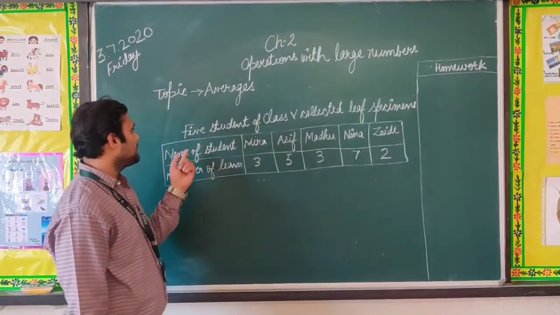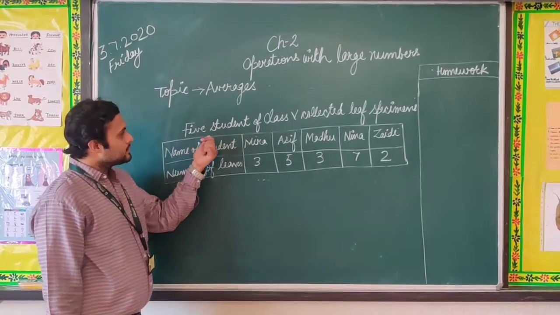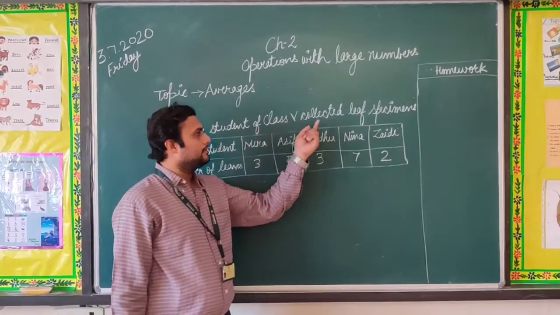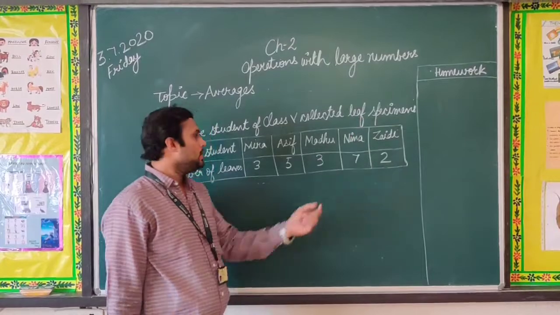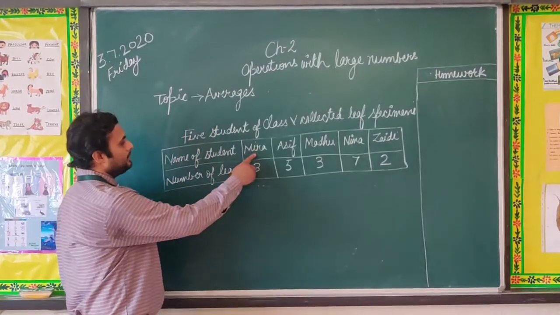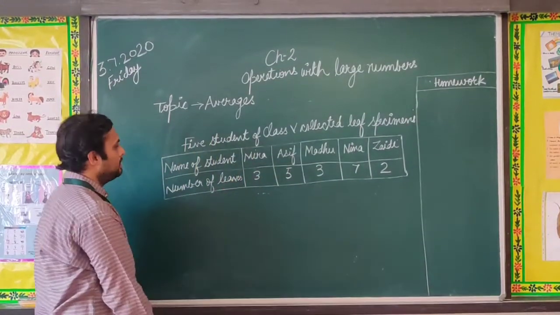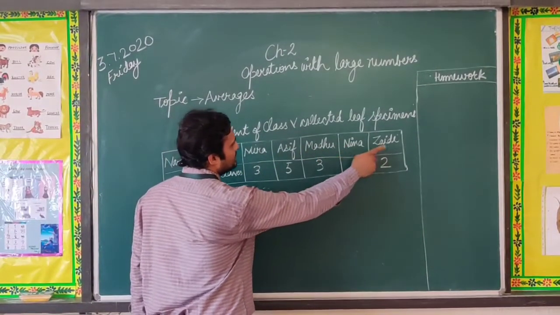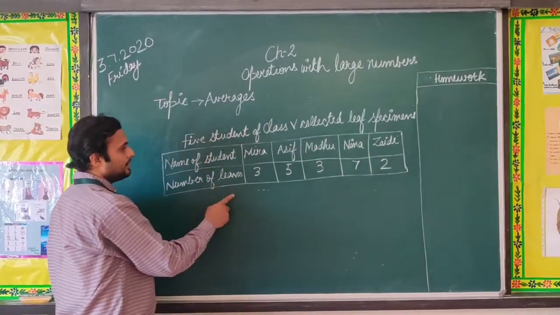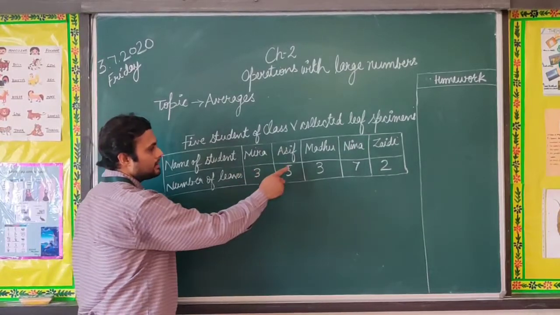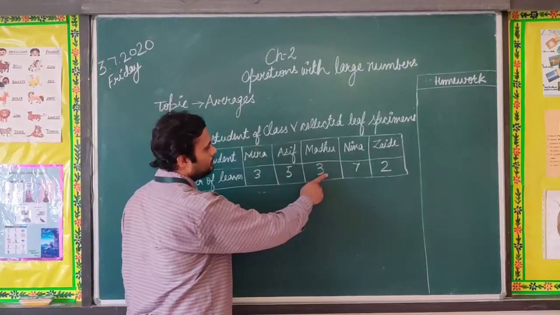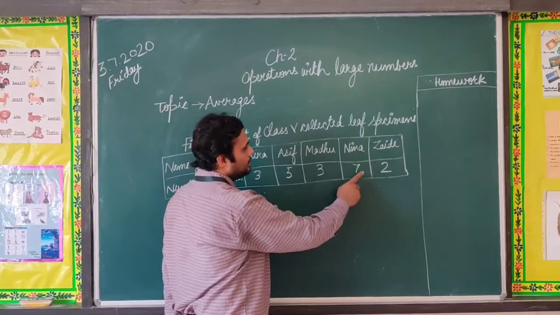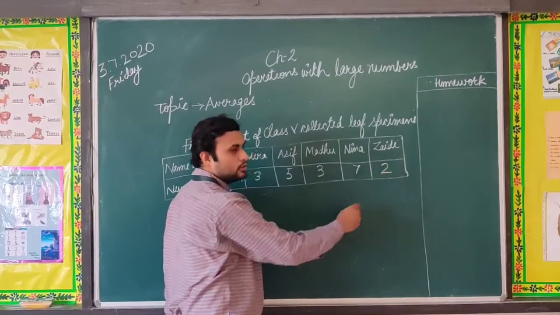Let's take an example. 5 students of class 5 collected leaf specimens. The names of the students are Meera, Asif, Madhu, Neena, Zaidi. Number of leaves collected by Meera is 3, Asif 5, Madhu 3, Neena 7, Zaidi 2.